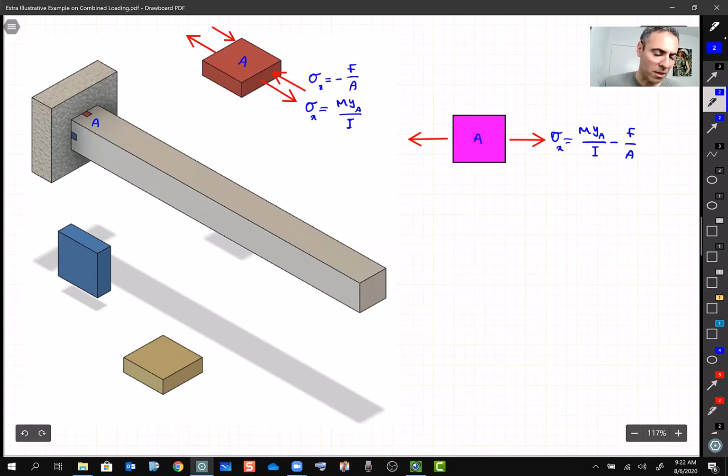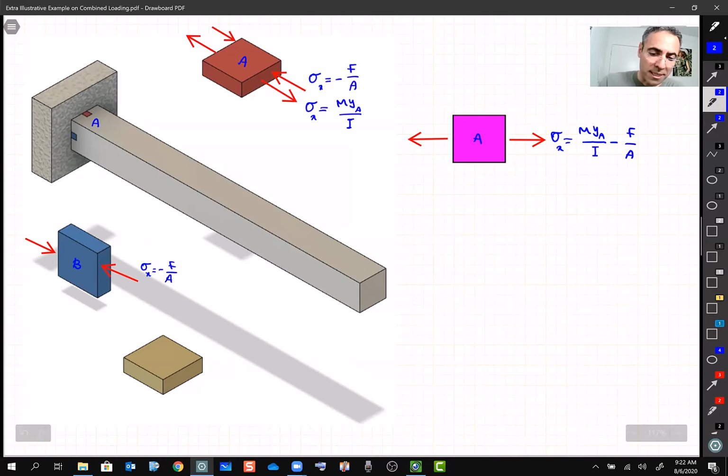The other two are 0, all right? What about point B? At point B, the only thing that we have is the compression, and that compression is minus F over A.